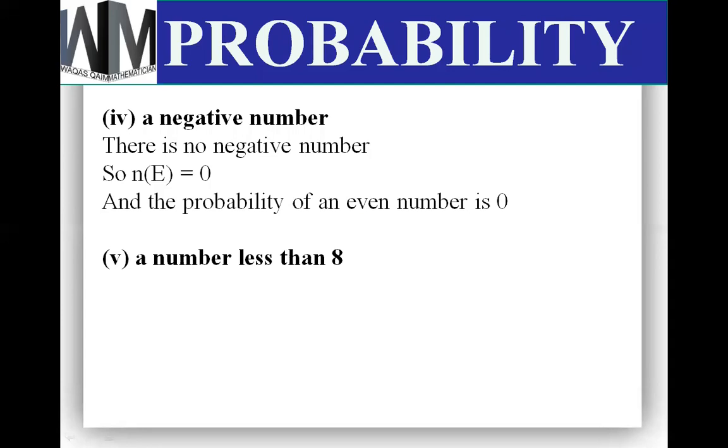Okay, now a number less than 8. How many cards do we have over which a number less than 8 is written? Why 8 over 12?